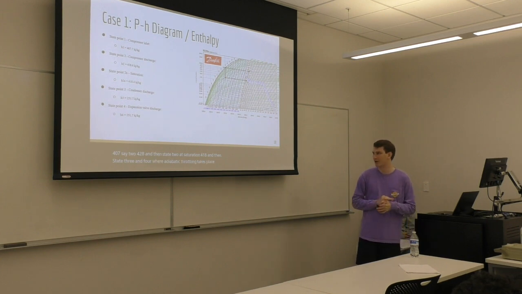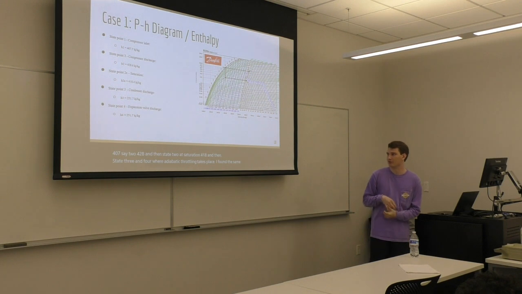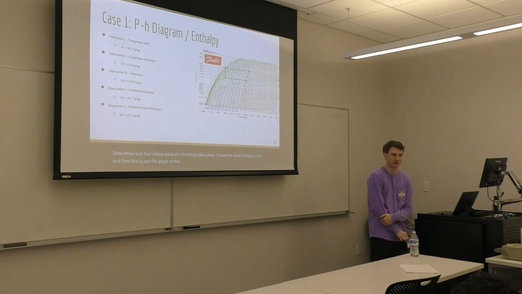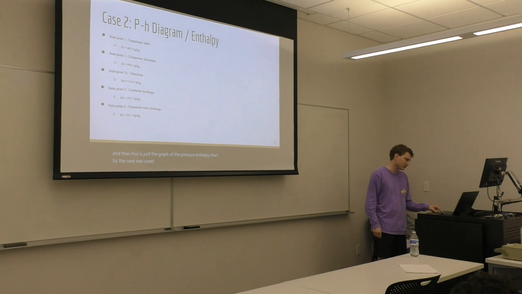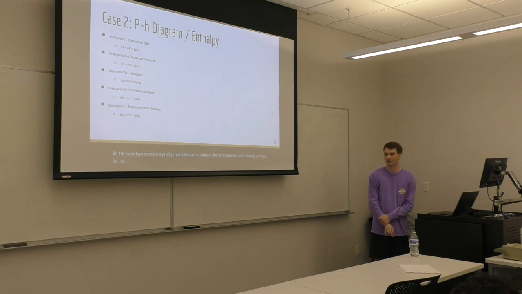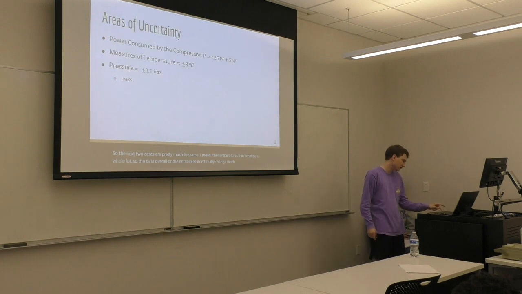I found the same enthalpy, 251, and then this is just a graph of the pressure enthalpy chart. The next 2 cases are pretty much the same. The temperatures don't change a whole lot, so the enthalpies don't really change much either. And then I found some uncertainties.